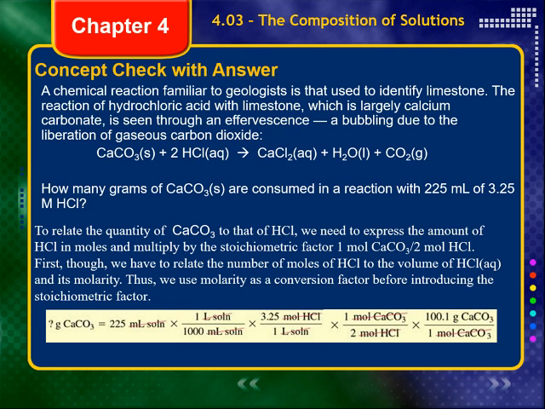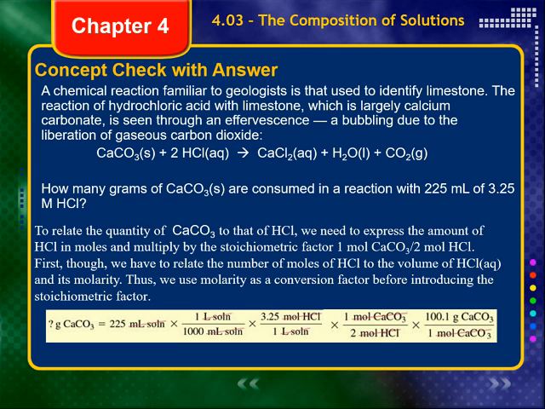So, again, we're trying to find grams of calcium carbonate, because that's what the question asks us for. But we're given something in milliliters of solution, 225 milliliters of solution. Now, remember, for molarity, we're talking 1 liter of solution.